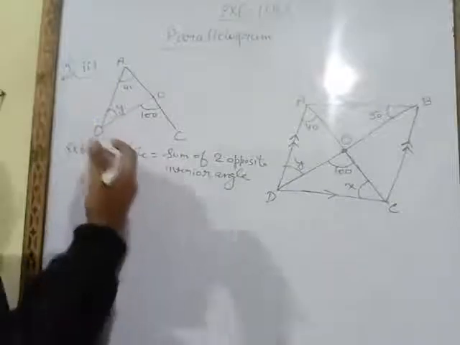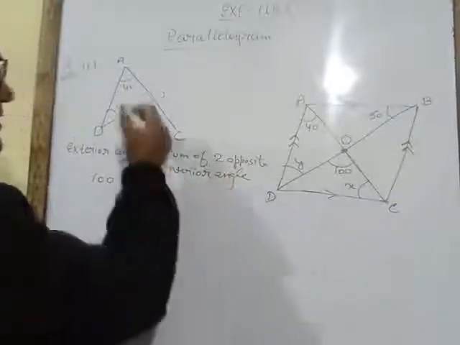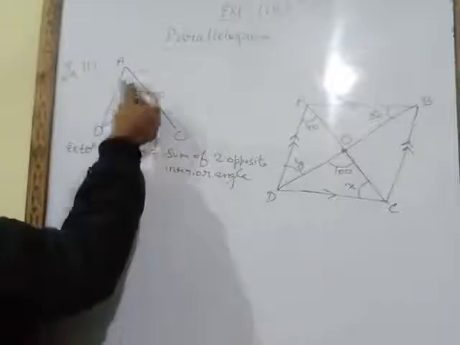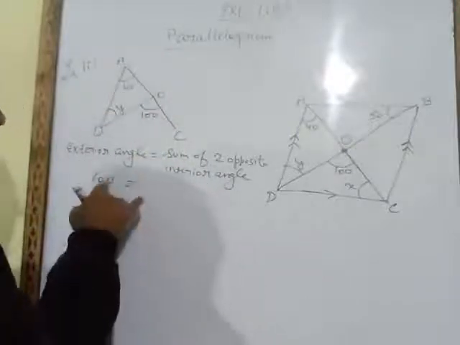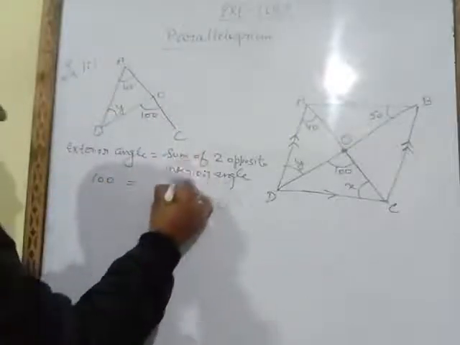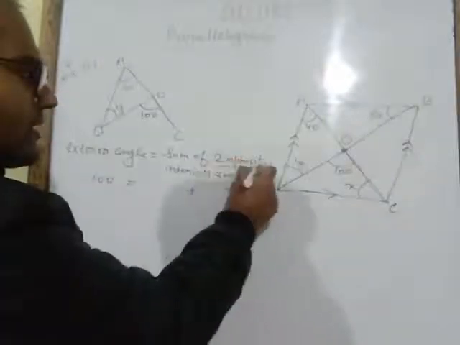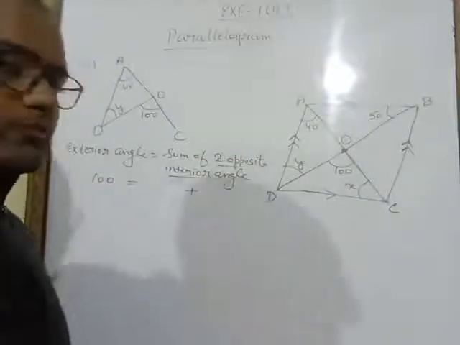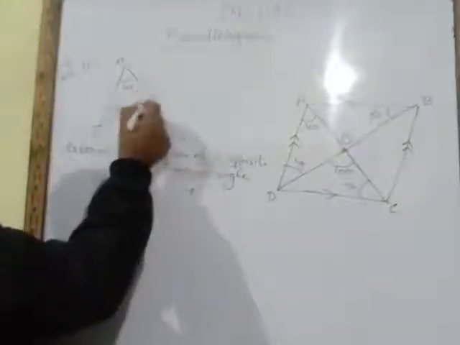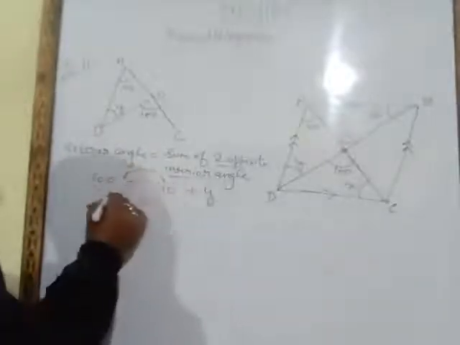Exterior angle is the angle which is coming outside the triangle. This is the triangle. Outside the triangle, this 100 is written, so exterior angle is 100. Sum means plus. So two interior opposite angles we have to add. In front of 100, inside two angles are written, this is 40 and this is Y. So 100 equals 40 plus Y. Now this 40 we will bring to the left hand side.